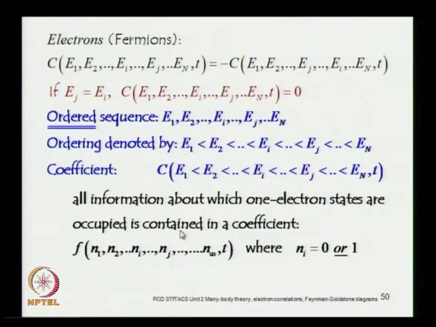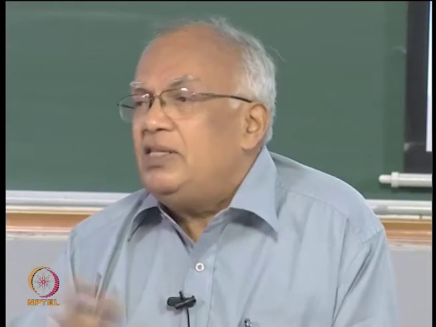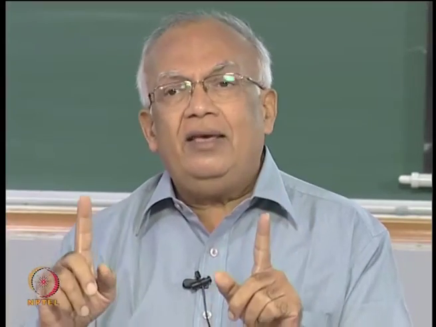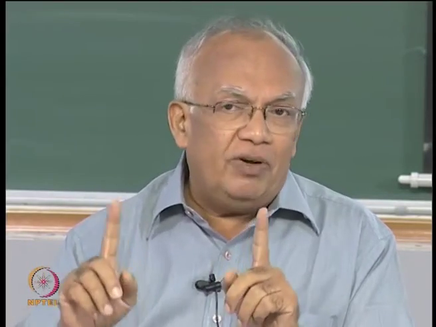Okay, this is where the importance of the occupation number formalism comes in, because some of the single particle states will be empty. You have considered infinite possibilities, but only n out of these infinite possibilities are occupied, because each single particle fermion state can be occupied by only one particle.